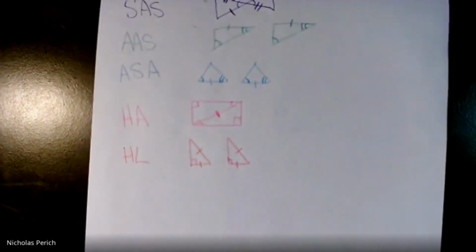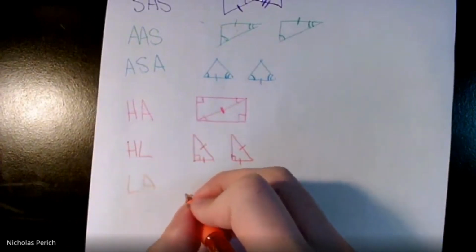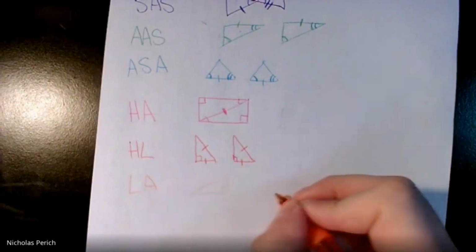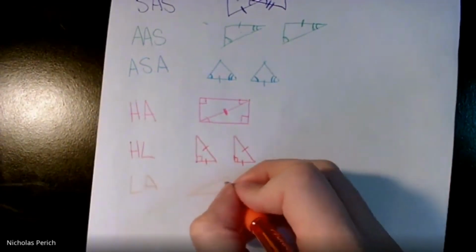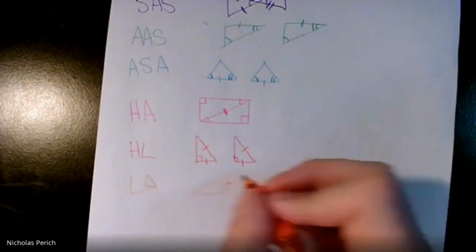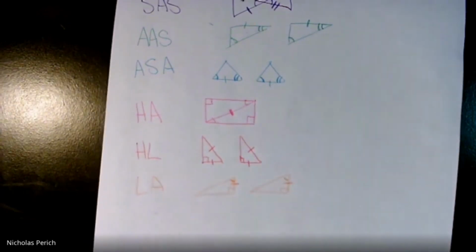I also have LA. So if I have definitely a right triangle, definitely a right triangle, these 2 legs are the same, and any 2 angles are the same, then I have LA.